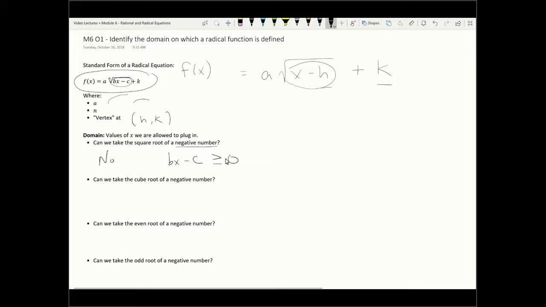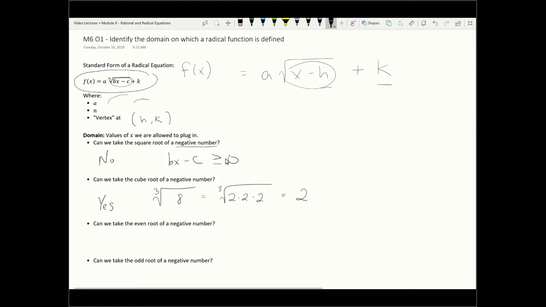Now, can we take the cube root of a negative number? We actually can. And so if we think of cube root as being something like us being able to write it as, say, 2 times 2 times 2. Right?